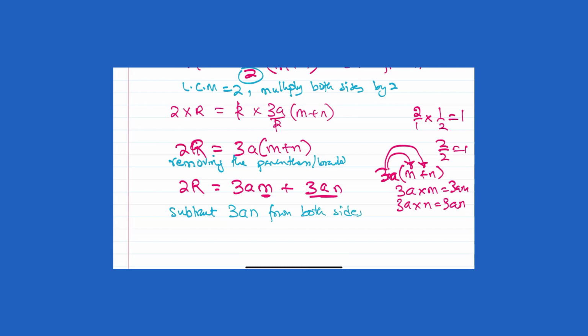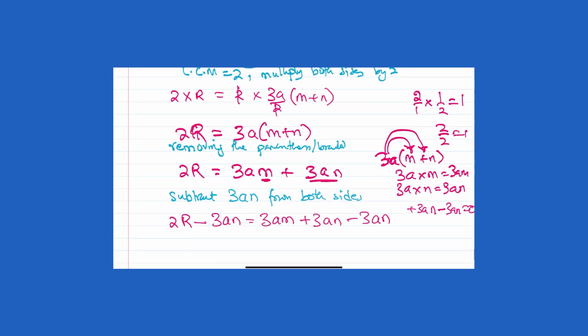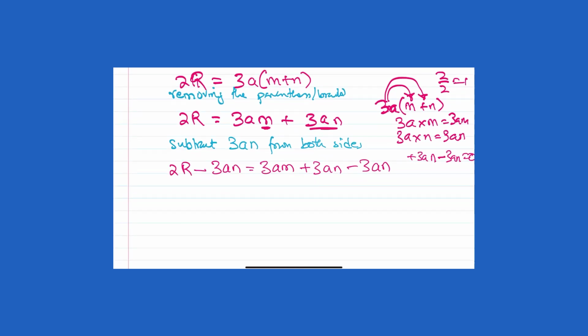So when we do that, this will become 2r − 3an = 3am + 3an − 3an. Now remember our study of integers. Plus 3an minus 3an will give us 0.